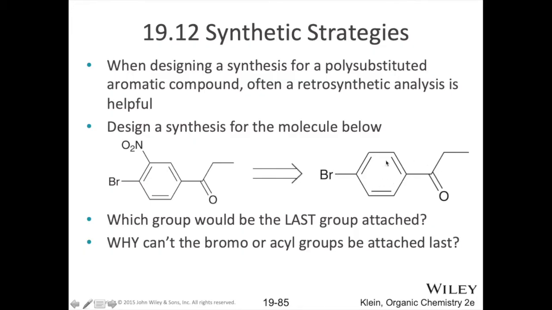Here you might want to consider the directing effects to each other. We have bromine, which, even though it's deactivating, is ortho-para-directing. And here we have an acyl group, which is meta-directing. Now notice that these groups are para to each other, so that should tell you that the acyl group must have been added in the previous step, because if the bromine were added after it, it would have been in the meta position.